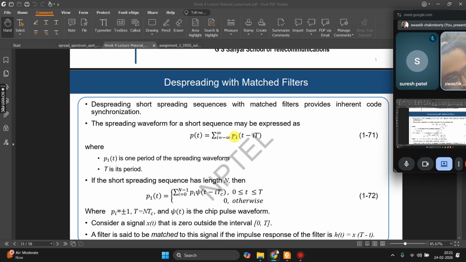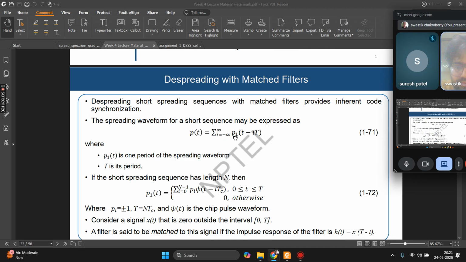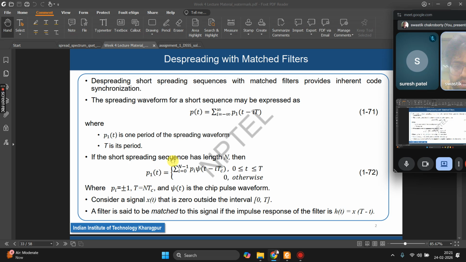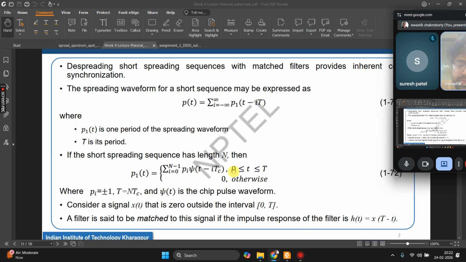The spreading waveform for a short sequence may be expressed as this, where the spreading waveform is this P1, and then it is repeating across time periods. If the short spreading sequence has length n, then P1 is expanded.